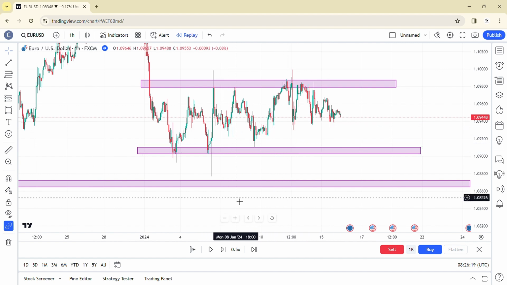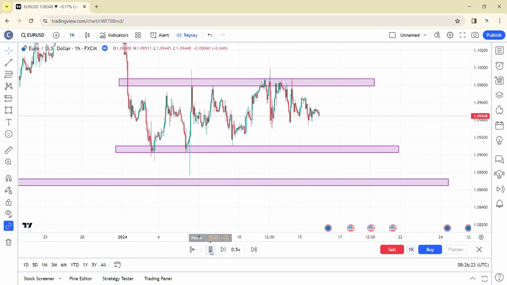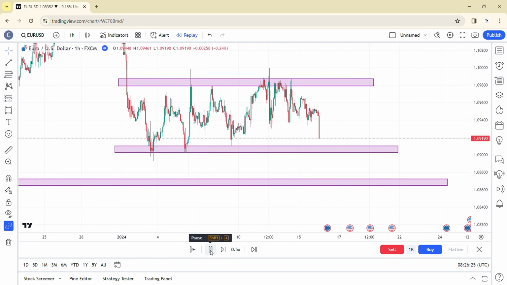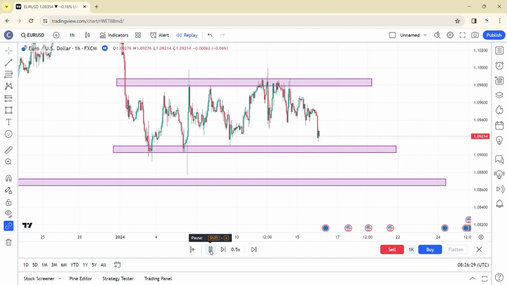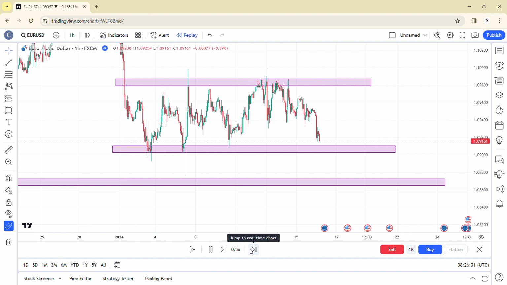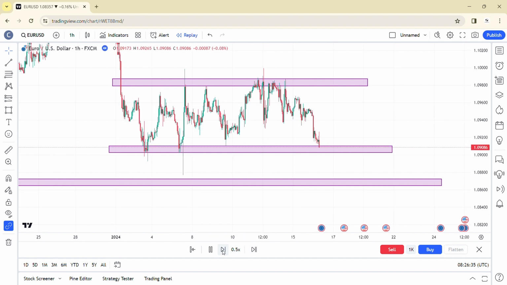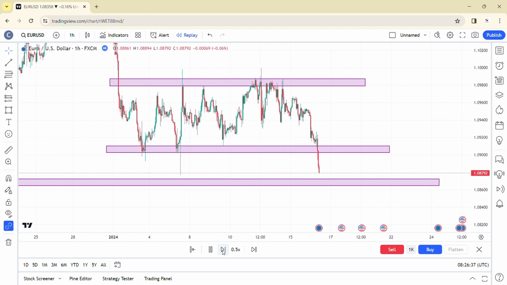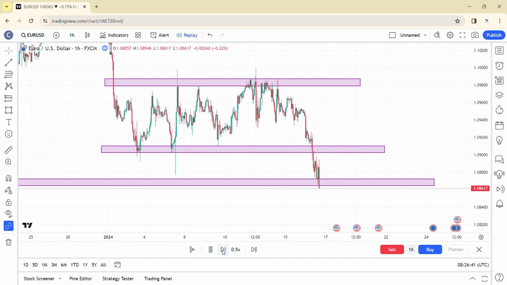Okay, so let's play this chart out and let's see whether we can get a break at any zone and cover the retest. Okay, so first candle. No retest.